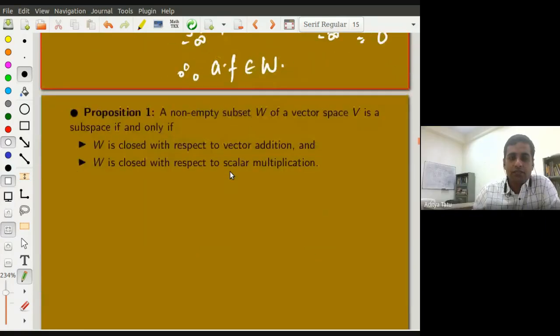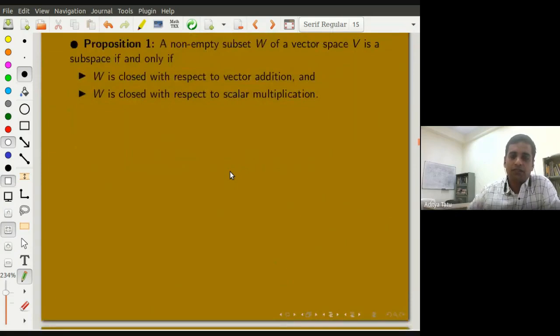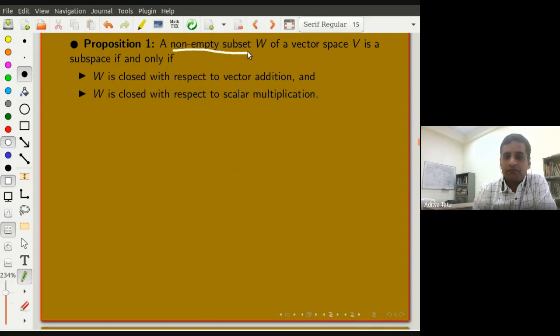Now let's look at this proposition. A non-empty subset W of a vector space. Again, remember, this is important here: a non-empty subset. A non-empty subset W of a vector space V is a subspace if and only if W is closed with respect to vector addition and W is closed with respect to scalar multiplication.